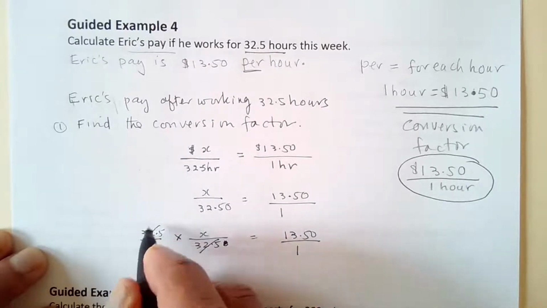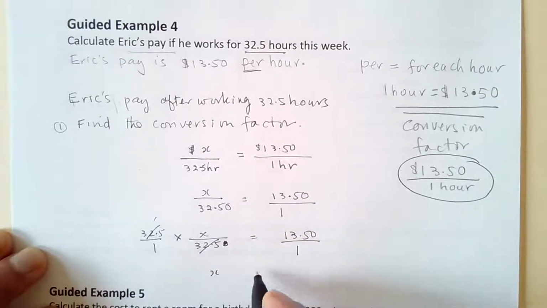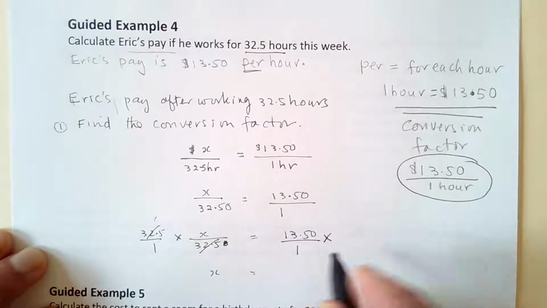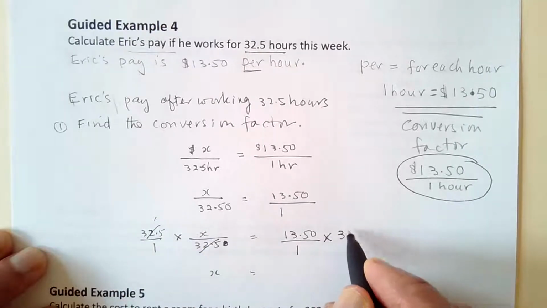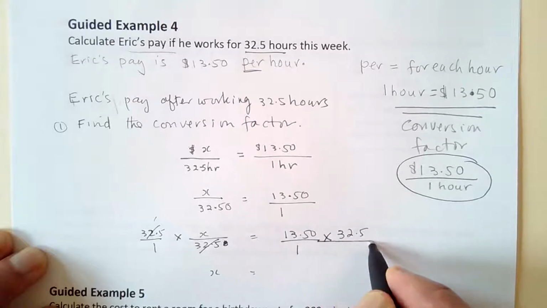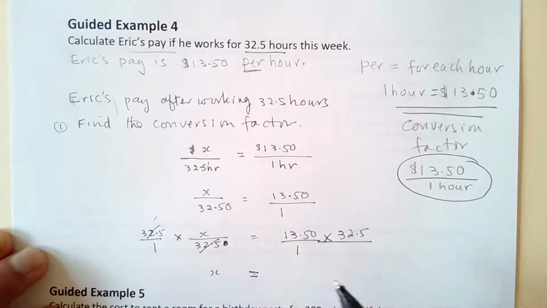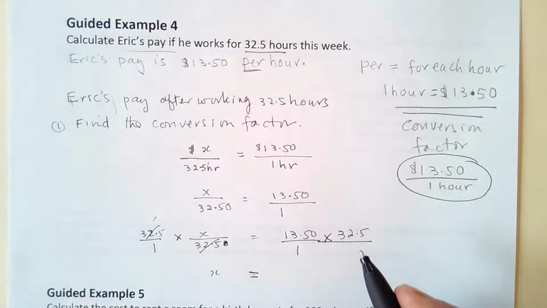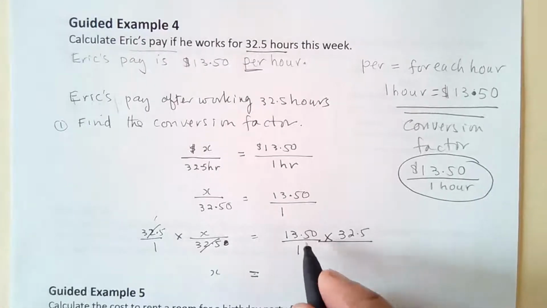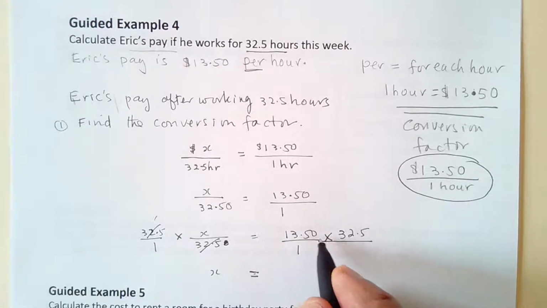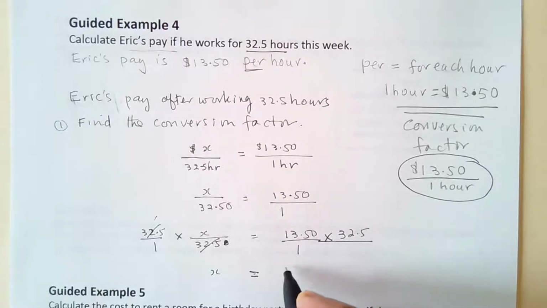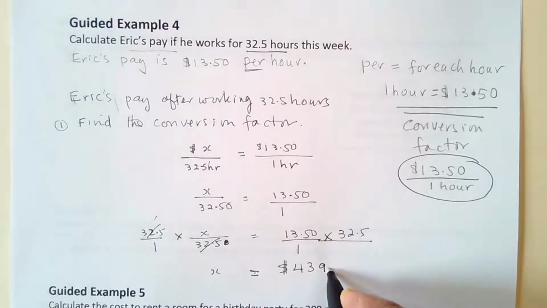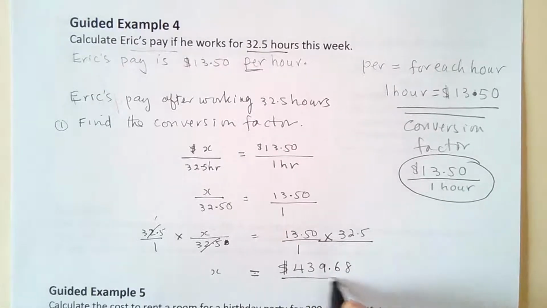So this gives me 1, so I'm left with X. I'll also multiply what exactly I did on the left side, 32.5. So now when I multiply these two out, 13.5 times 32.5 gives me an amount of $439.68.